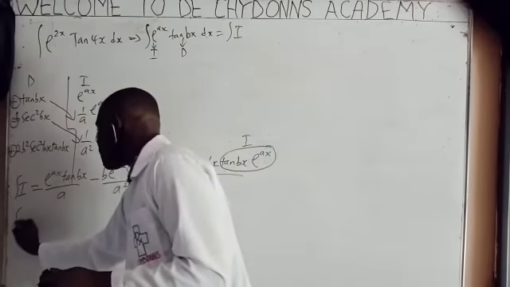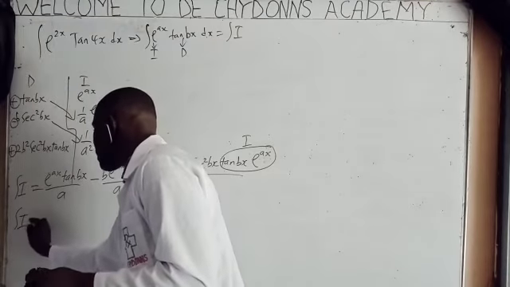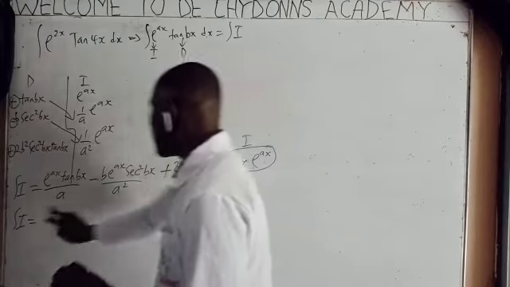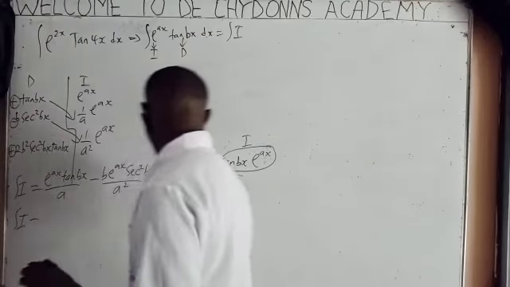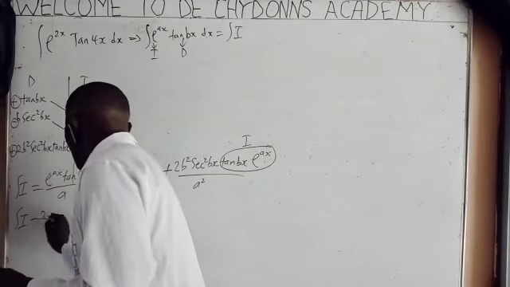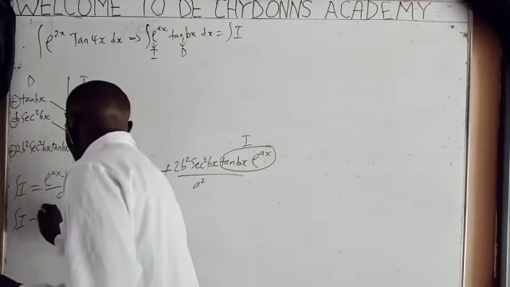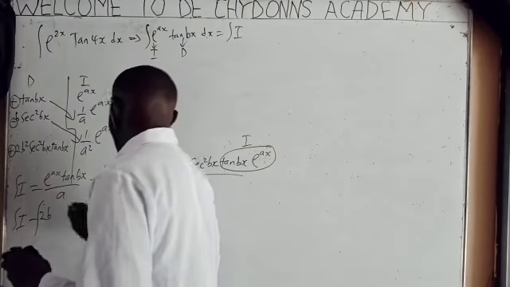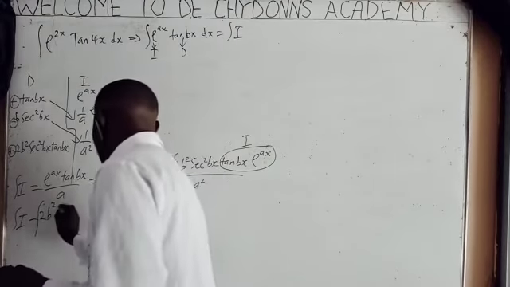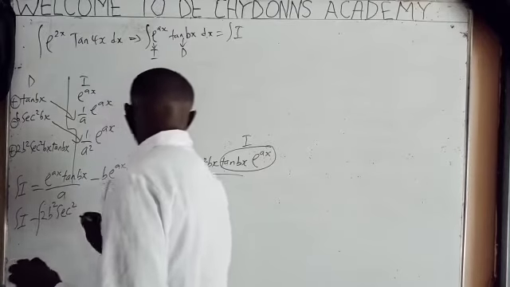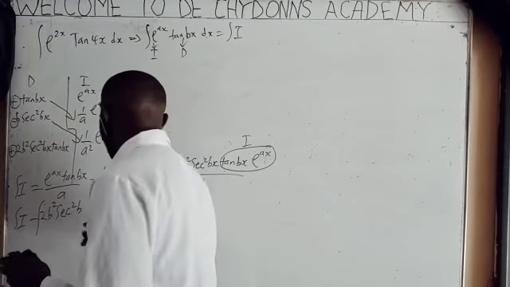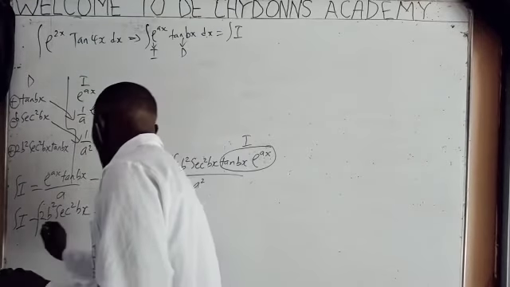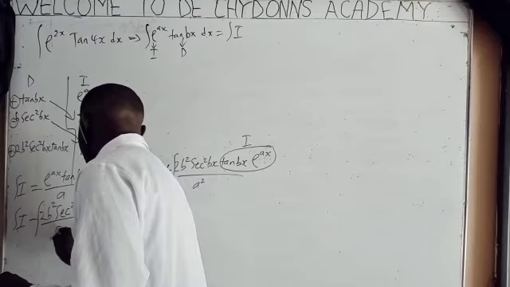You say integration I equals to, I will now say integration I minus 2b squared sec squared bx times I all over a squared.